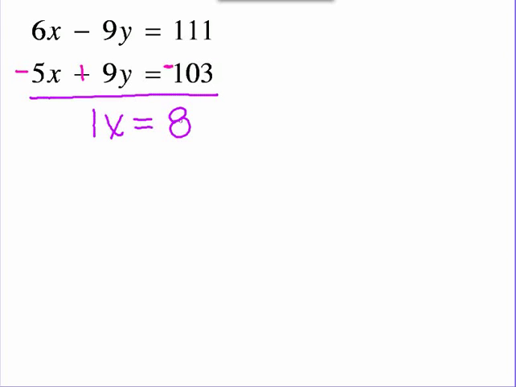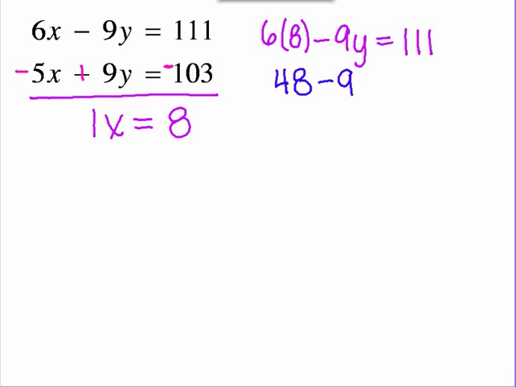So I can plug it into the top equation or the bottom equation. I would plug it into the top, just because I've manipulated the bottom a little bit. So I have 6 times 8 minus 9y equals 111. 6 times 8, as Nick's already said, is 48. Minus 9y equals 111. What do you do now? Subtract 48, very good.